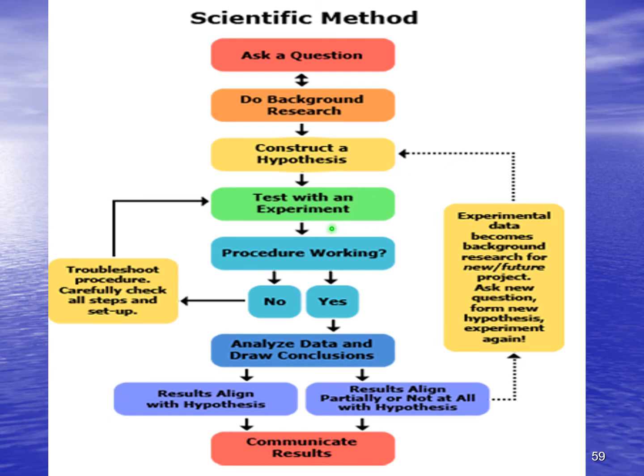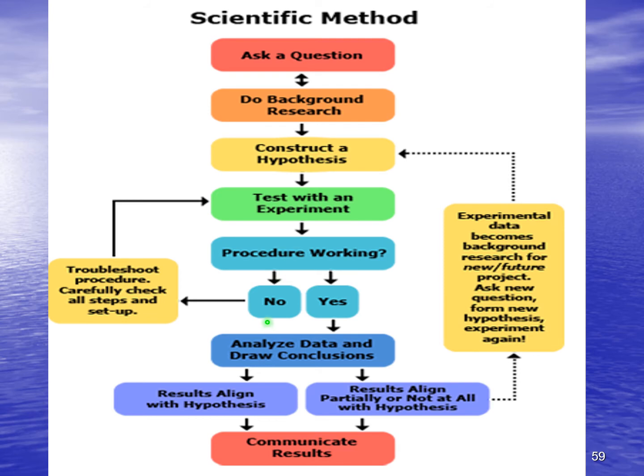Okay. If the experiment worked, okay, then I can analyze the data and draw conclusions. And if the results align with my hypothesis, I can communicate results to others where they then will actually do experimental data, oftentimes the same experiment, to see if they come up with the same information.